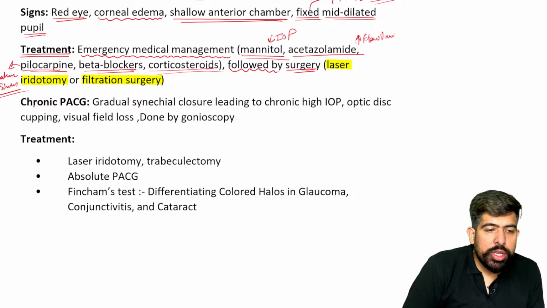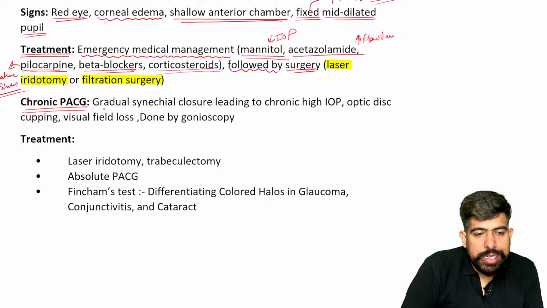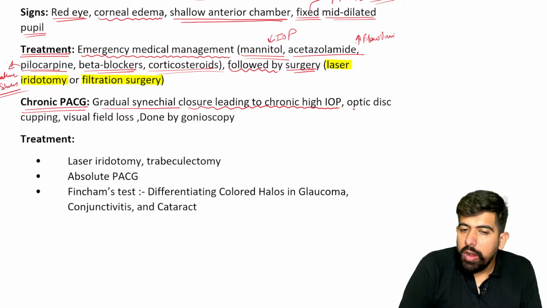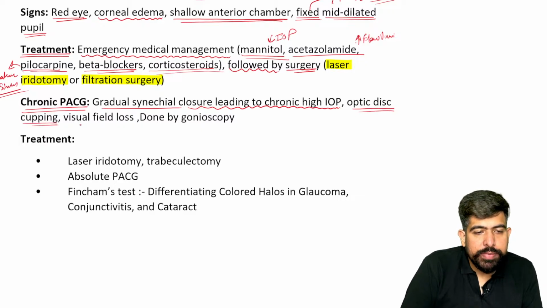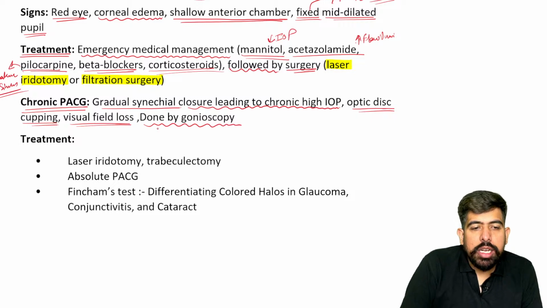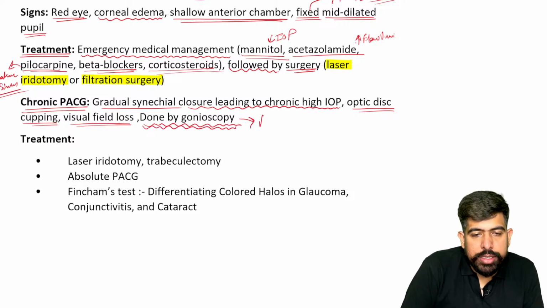But if I'm talking about the chronic, there is gradual synechial angle closure leading to chronic high intraocular pressure. Of course, optic disc cupping and visual field loss, and this should be confirmed by gonioscopy that the angle is closed.